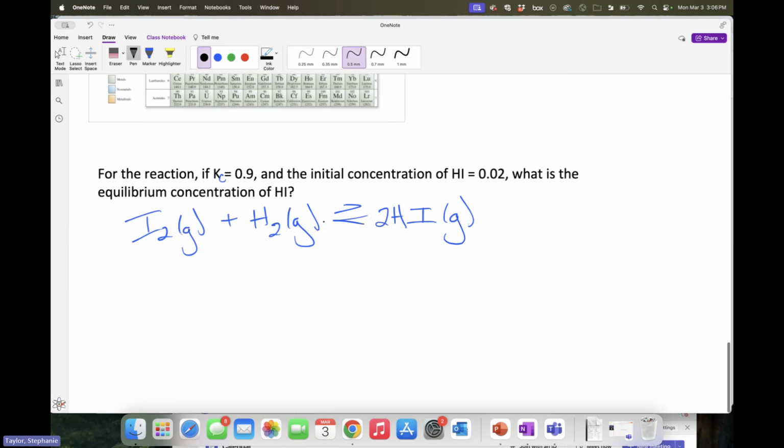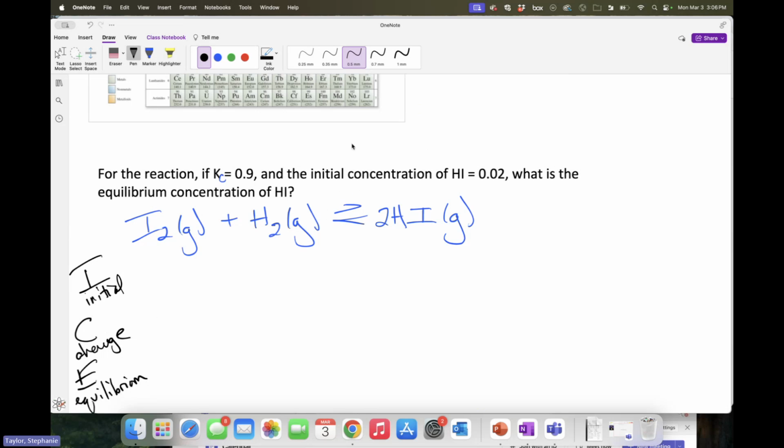So this is going to be an ICE table question. So when we talk about ICE tables, that is the acronym where we basically put I, C, and E here on the left. The I stands for initial, the C stands for change, the E stands for equilibrium.